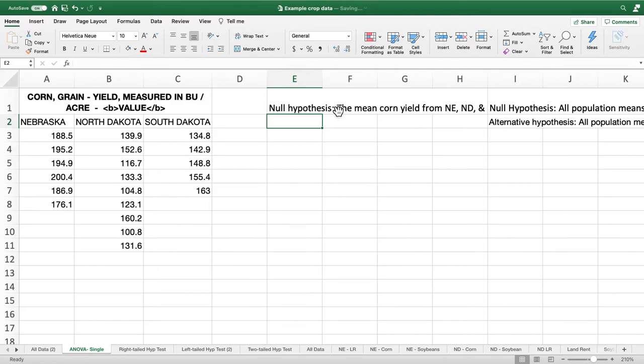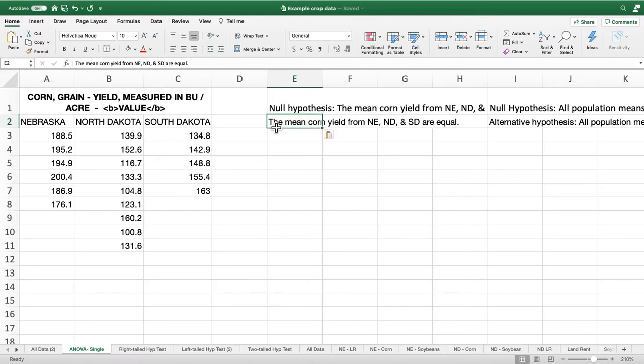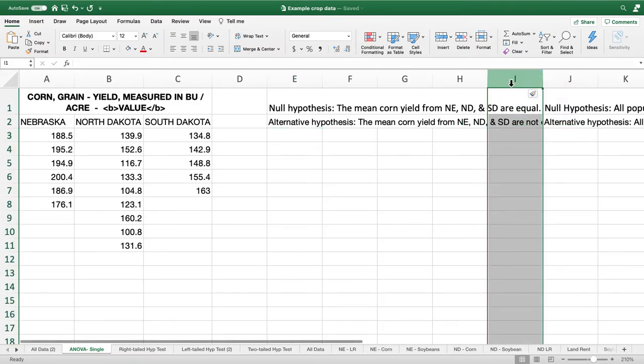And then my alternative hypothesis would just be that same thing, except we would say are not equal. So there are my null and alternative hypotheses for this specific example.